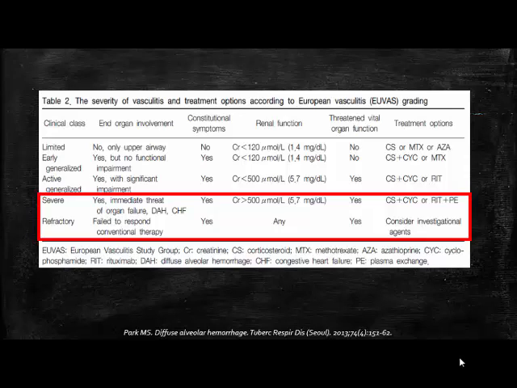The current data does not support using pheresis in patients with a creatinine less than 5.7 or who are not dialysis dependent. And to confuse you more, this is exactly the opposite of what we do for anti-GBM disease. In anti-GBM disease, if the creatinine is greater than 5.7, it means your kidneys are closed, there's no role for pheresis. If it's less than 5.7, it's pheresis.